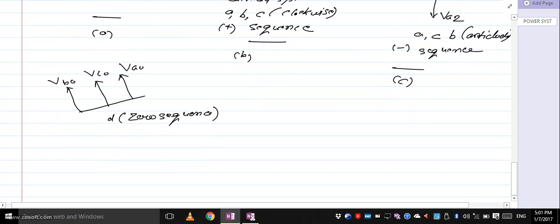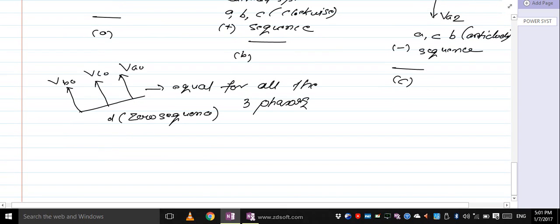They are equal for all the three phases, or all the three phasors. Now from referring to figure B, that is your positive sequence.